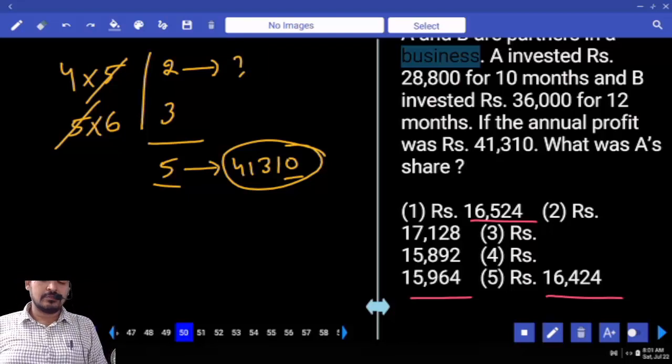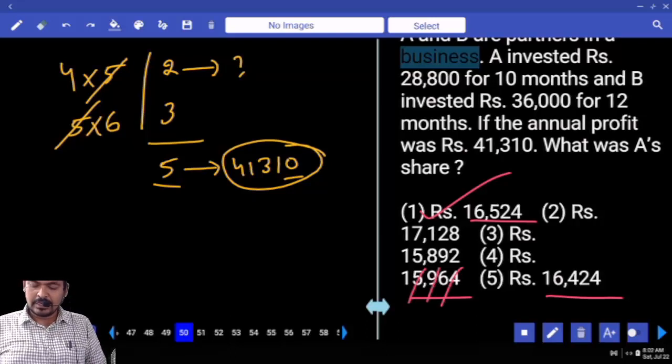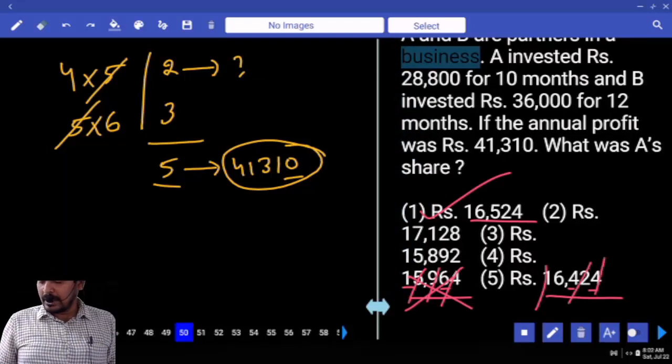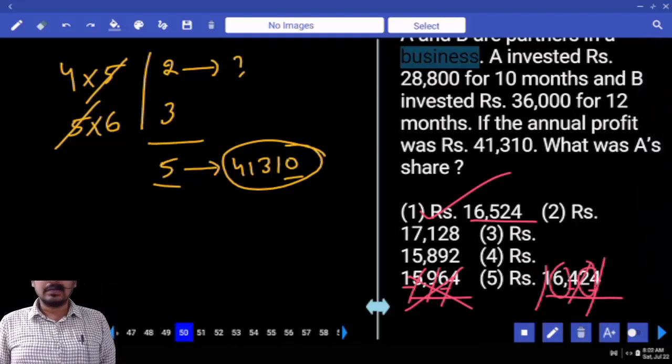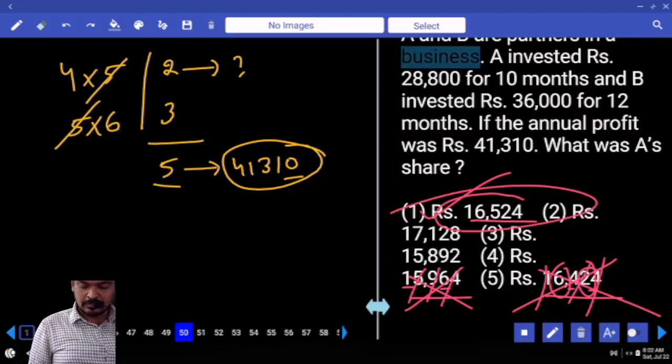In the 3 options, which one is a multiple of 9? First option is a multiple of 9. Yes. Fourth option? 5 plus 4, 9 cancel, the remaining 7 is not divisible by 9. 4 plus 4, 8, 8 plus 1, 9 cancel. 6 plus 2, 8. It is not divisible by 9. What is the answer? Only the first one, 16,524.